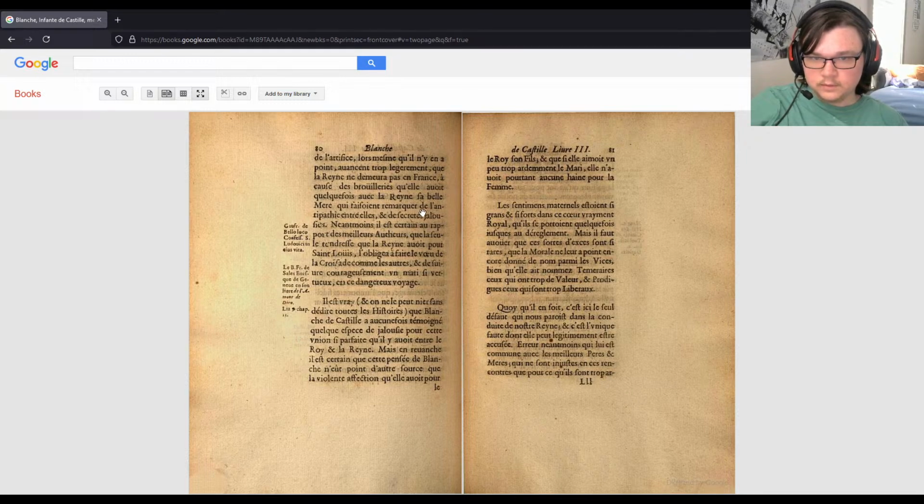However, it is certain, with respect to the best authors, that the Queen had for St. Louis obliged her to do the vow of the crusade like the others, and courageously, a husband so virtuous in this dangerous voyage.